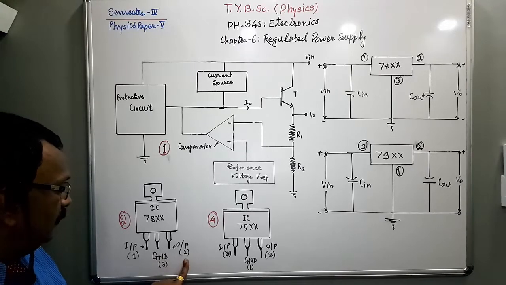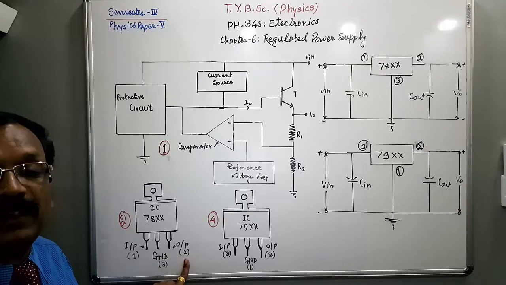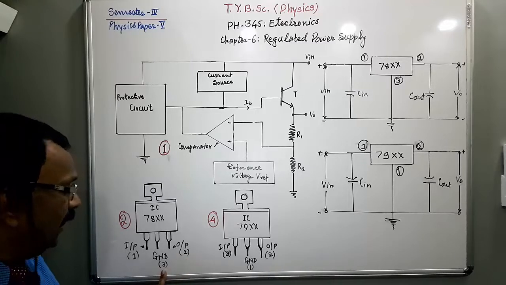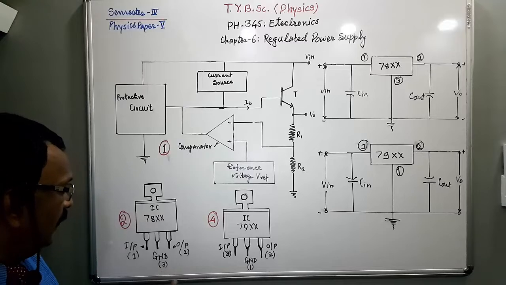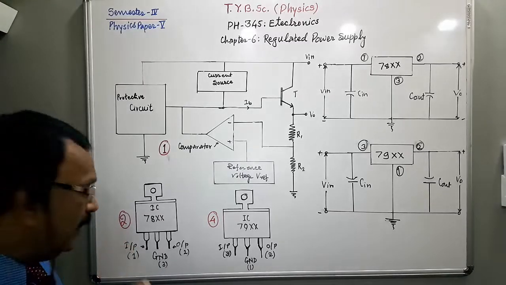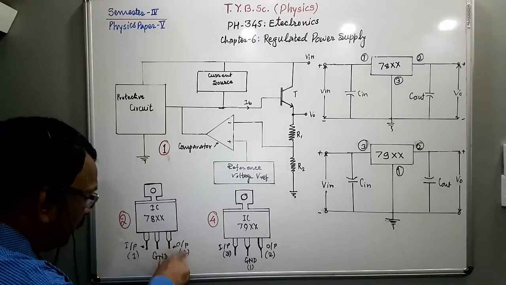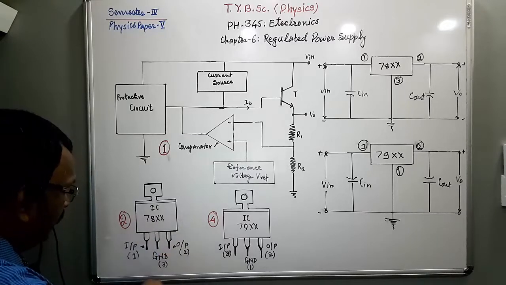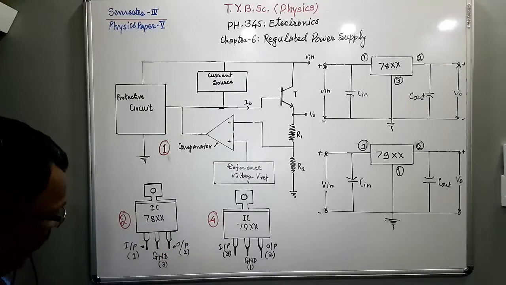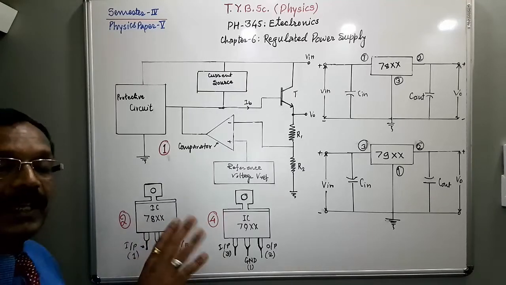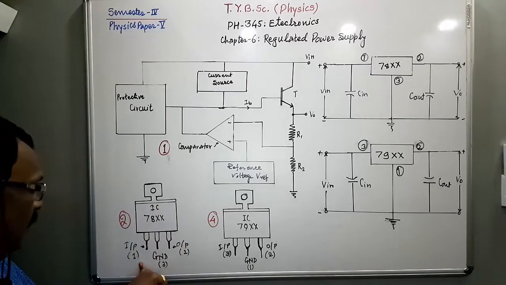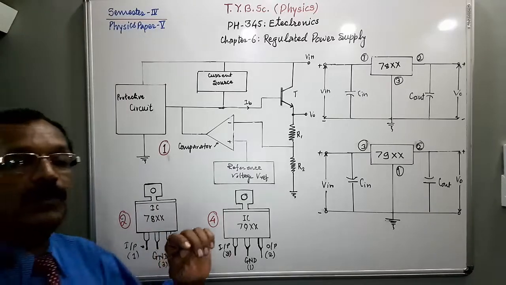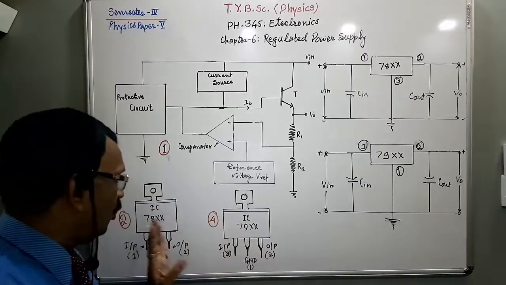The second terminal is the output terminal and the middle terminal is the ground terminal, that is terminal number 3. Here remember how these numbers can be remembered. Go clockwise 1, 2 and 3. So there will be no confusion: input, output, ground. Okay.